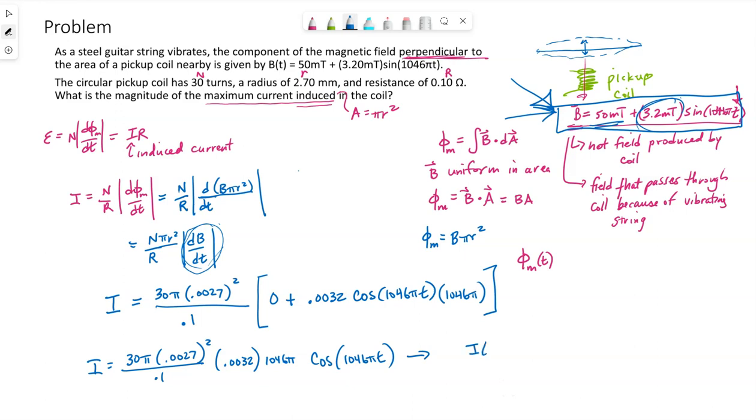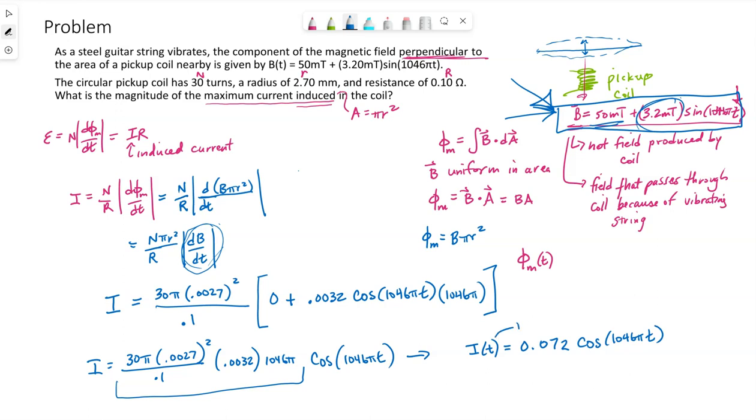What this gives me is, so all of this stuff in front, I'm rounding to two significant figures, times the cosine of 1046 pi t.